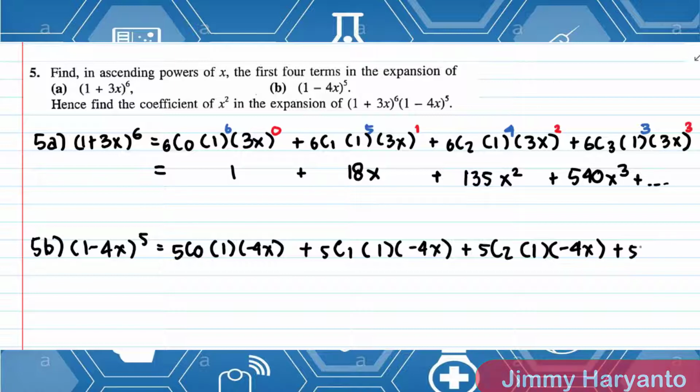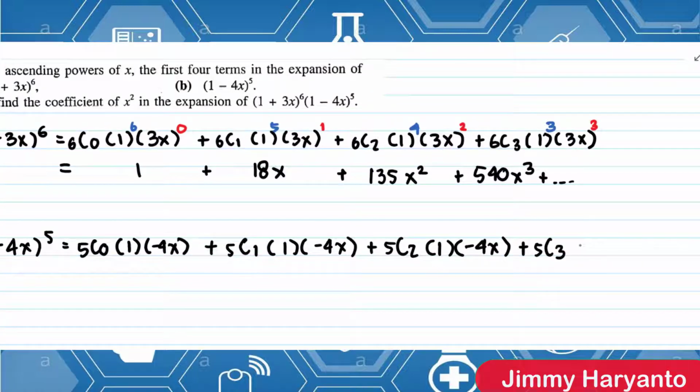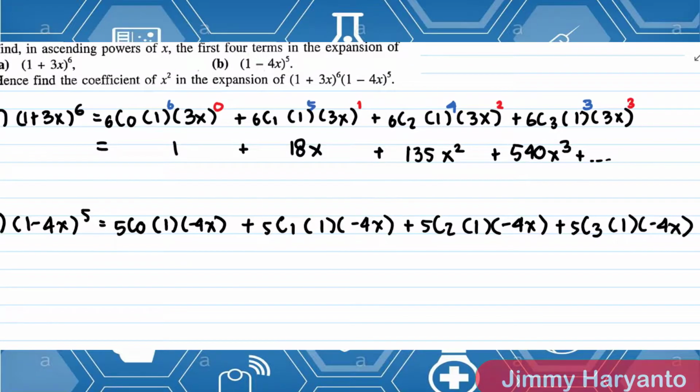The last one is 5c3 times 1 and negative 4x. The powers are 0, 1, 2, 3, and for this it is 5, 4, 3, 2.